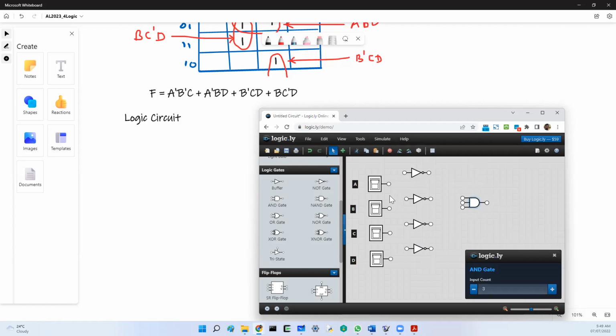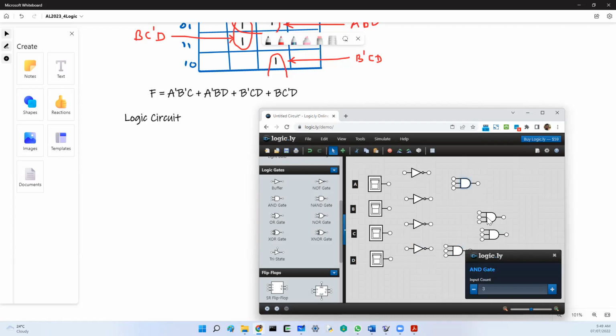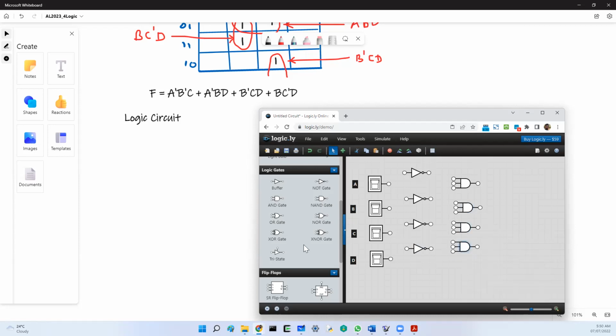Let's copy, paste. Finally, I need an OR gate.